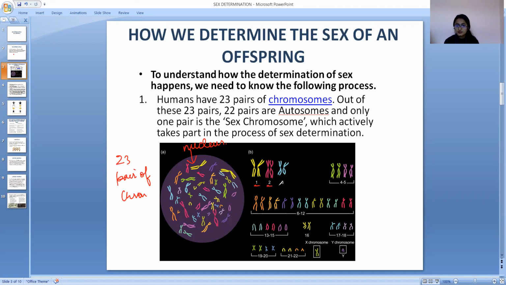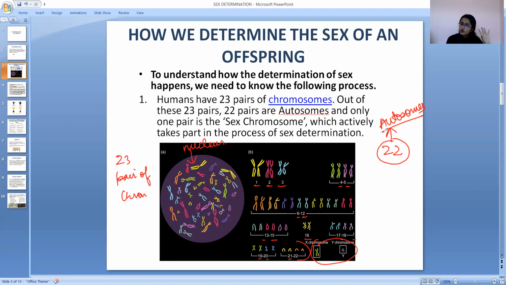First pair, second pair, third pair, 4 to 5 pair, and then 6 to 12 pair, then 13 to 15 pair, then 16, 17, 18, 19, 21, 22 pair, and the last one is the 23rd pair. So the first 22 pairs are known as autosomes, which are the same throughout the body in male and female both.